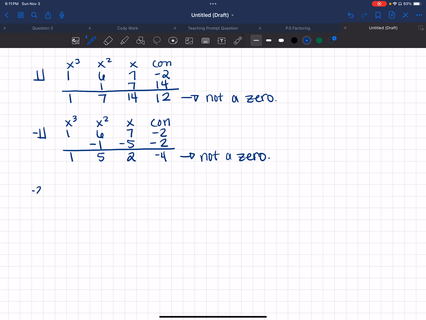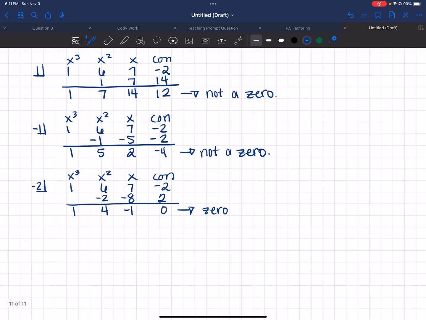So if I try -2, and I've got x cubed, x squared, x and a constant, 1, 6, 7, -2. That gives me 1, that's -2, that's 4, that's -8, that's -1, and then that's +2, so that's a 0. So we have found another 0, okay, because that remainder is 0.